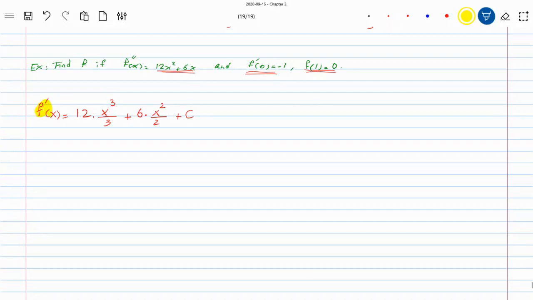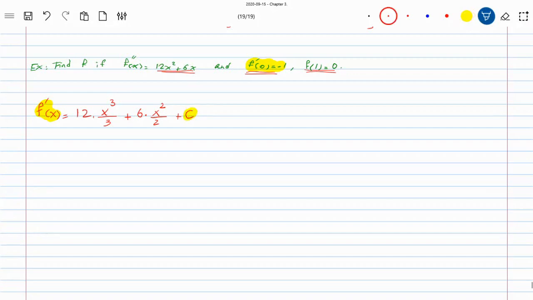Look at what the function is. The function to be found is f prime. And the information given for f prime here is f prime at 0 equals -1. You cannot use the information for f of 1 because that's not the function that we have found. At the moment, we found f prime, not f.